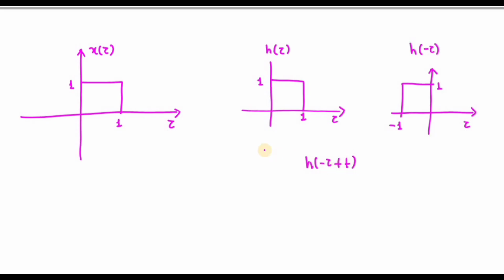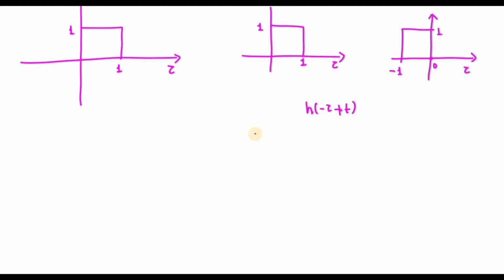So what I have to do is add t to this one, this becomes t, and this becomes t minus tau. So I can take somewhere like this t and this is t minus 1.